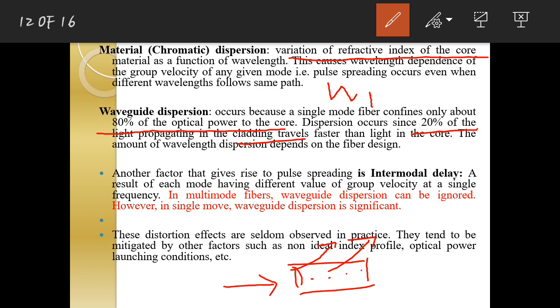That is called waveguide dispersion loss. So you need to minimize the dispersion loss occurring in the fiber media. Single mode fibers have waveguide dispersion dominant. Multimode fibers have material dispersion dominant.